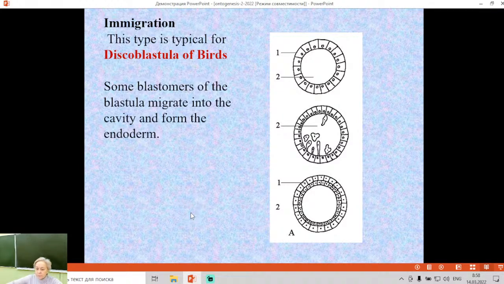And immigration. This type is typical for the discoblastula of birds too. Some blastomeres of the blastula can migrate into the cavity, as you see in the second picture, and form the endoderm.